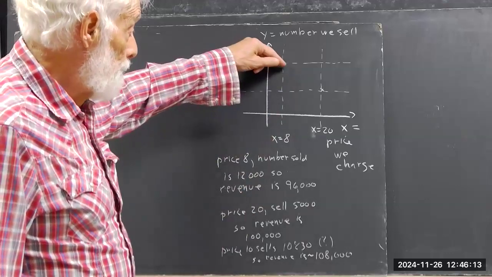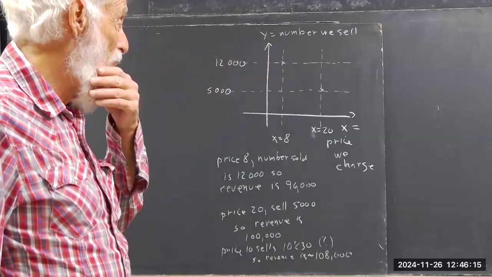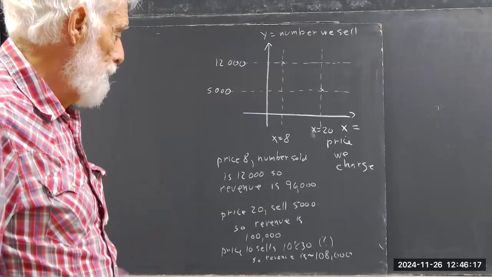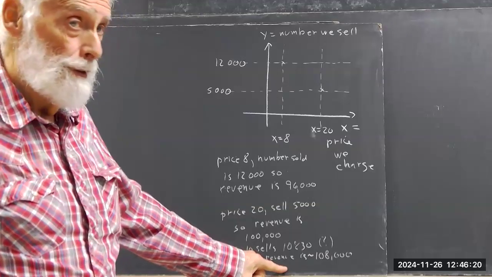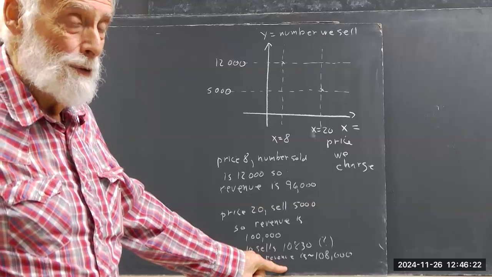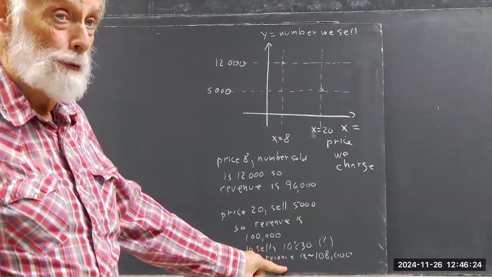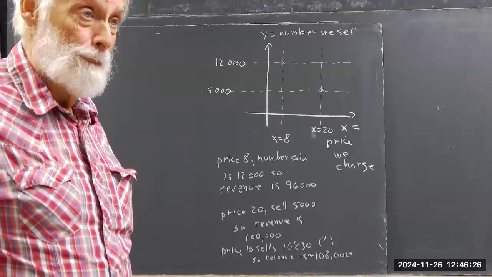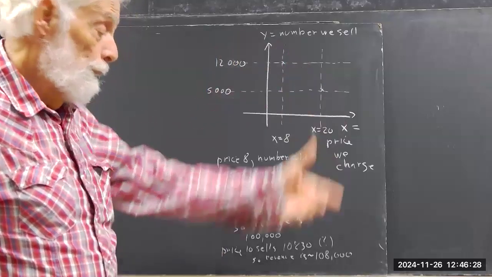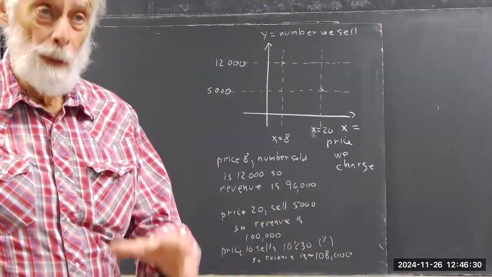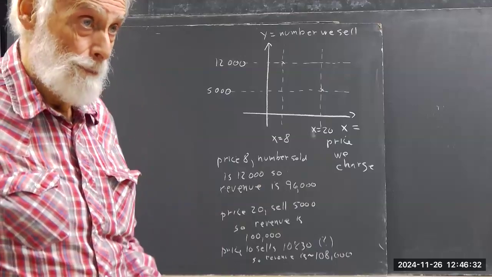So the revenue is going up pretty rapidly here. This is an indication that we're going to be able to get much more revenue than just that 100,000. We might even get 120, 130,000 if we can maximize this model.